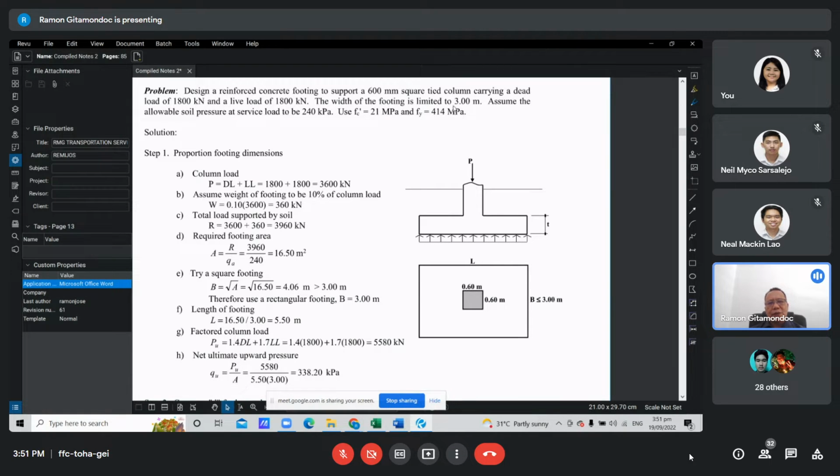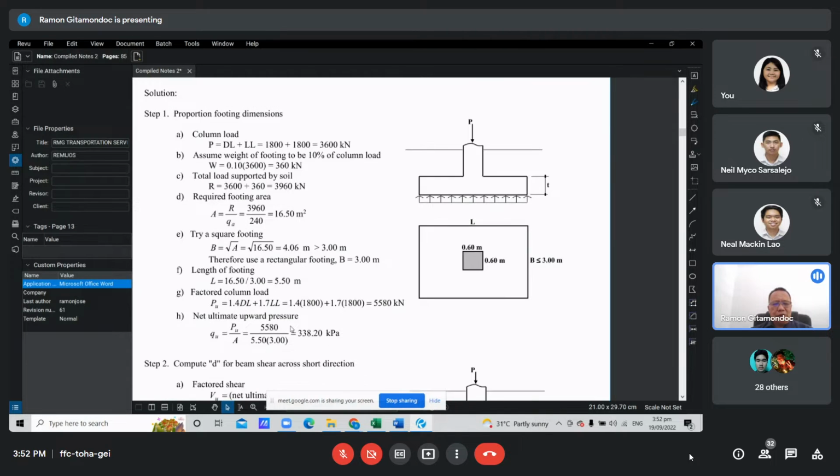But however, the problem states that the width of the footing is limited to 3 meters. So we cannot have a width wider than 3 meters no, on one direction. So in this case, we use a rectangular footing, then we use the permissible width allowed, 3 meters. Then we calculate the length of the footing, so divide the required footing area by the width. So therefore, we have 3 meter by 5.5 meter na footing.